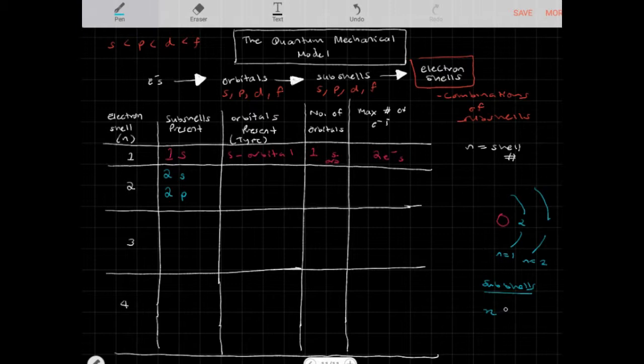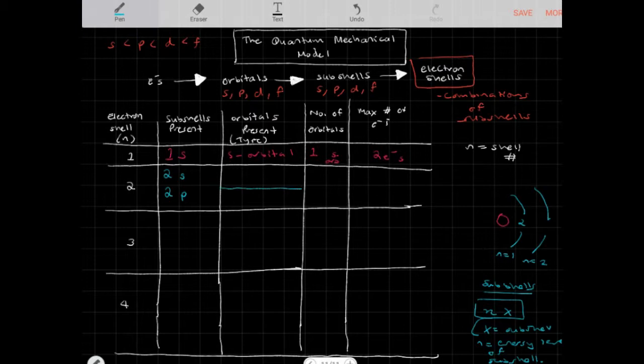So we'll call the subshell x, where x is a particular subshell and n is the energy level of the subshell. So we can look at each subshell as nx. In this case, the second energy level, the second shell, has the 2s subshell and the 2p subshell.